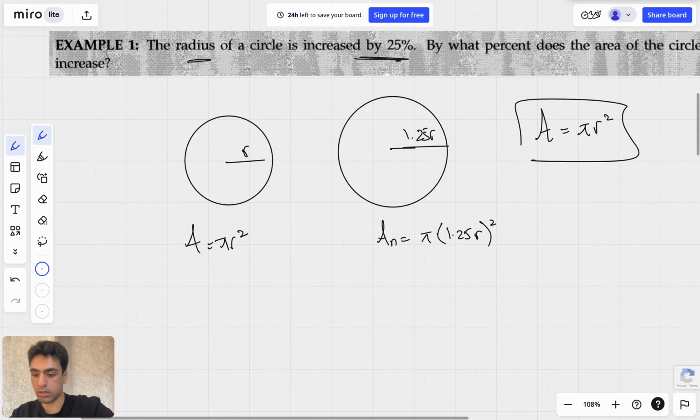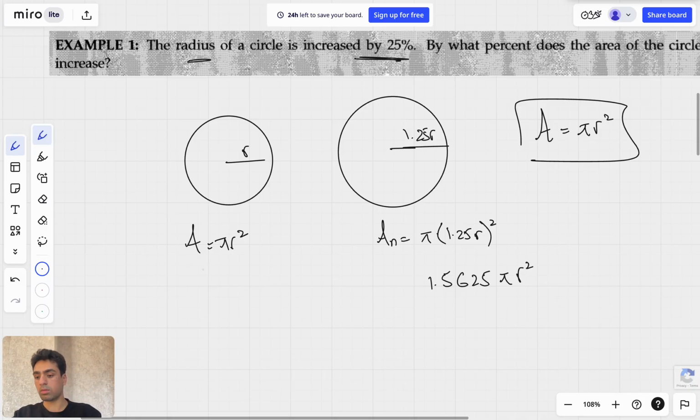Now if you solve for this, you will get the square of 1.25, which is 1.5625, and everything else remains the same. So we have pi here, and then it's r squared.